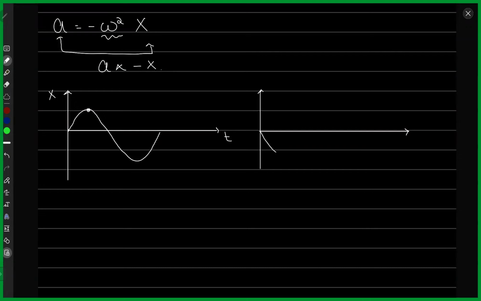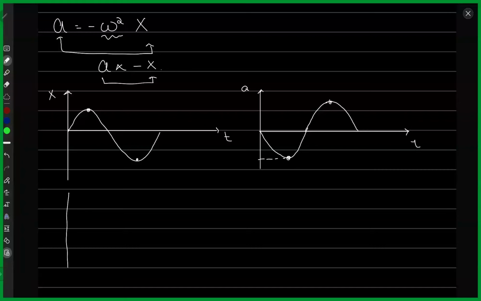So it will look something like this, where it has now become negative, and then the minimum becomes the maximum, like this. But the shape stays the same as the displacement time graph, because it is just proportional to this thing, right? So if x was a sine function, then the acceleration time graph will also remain a sine function, but just flipped upside down due to this negative sign.